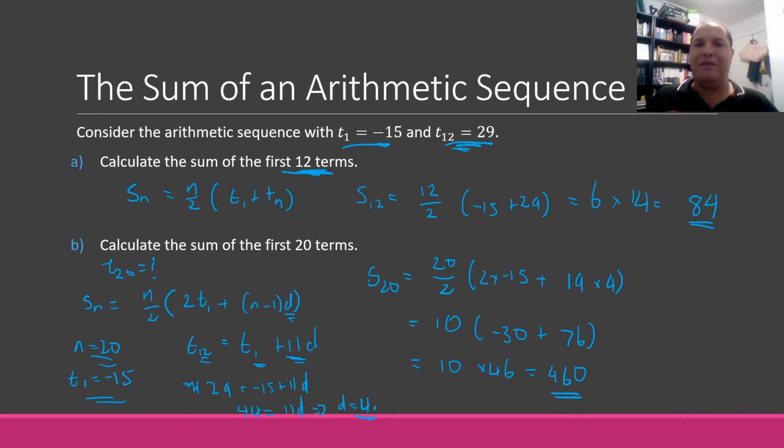A little bit trickier, you have to work out d first, but still not overly challenging in this case.